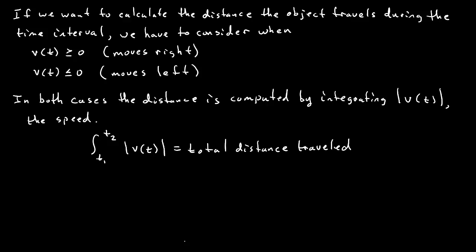So in both cases, the distance is computed by integrating the absolute value of the velocity function, the speed. So the total distance traveled is the integral of the absolute value of the velocity from t1 to t2.